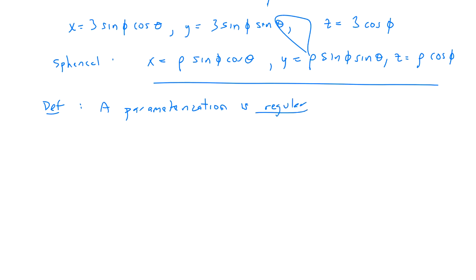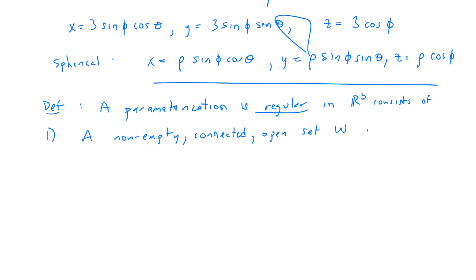A parameterization is regular, since we want to do things in 3 dimensions, if first it is defined on a fairly nice region.